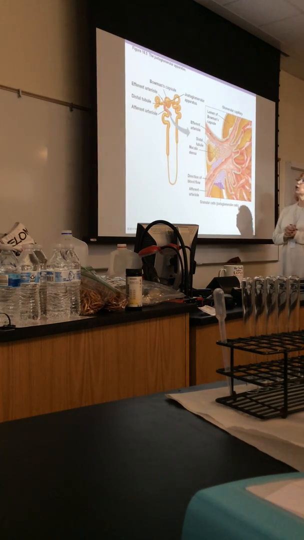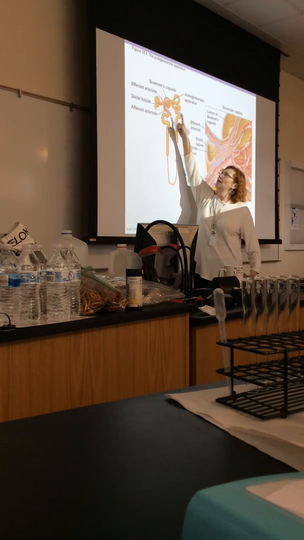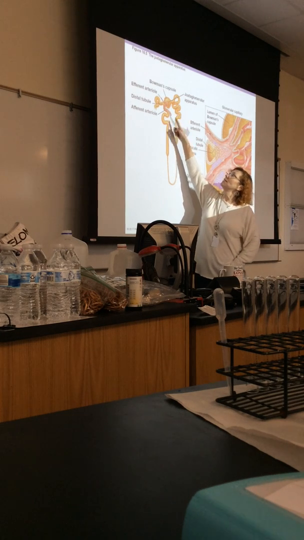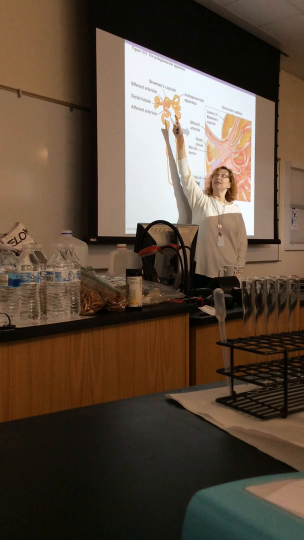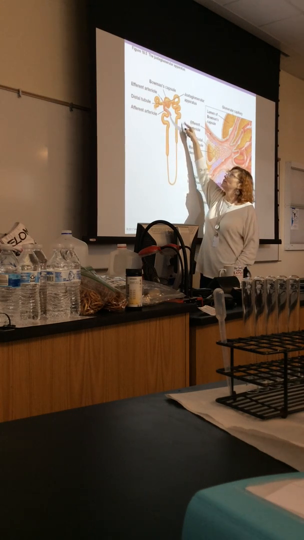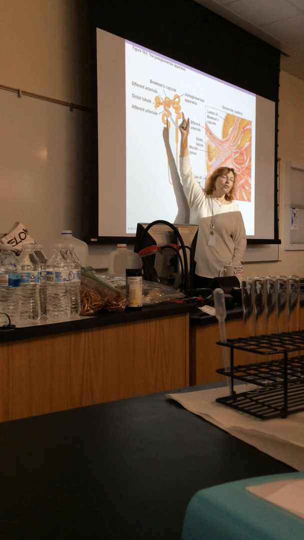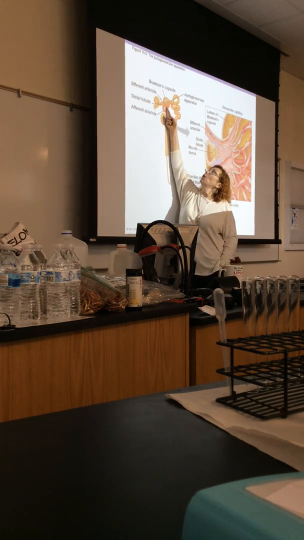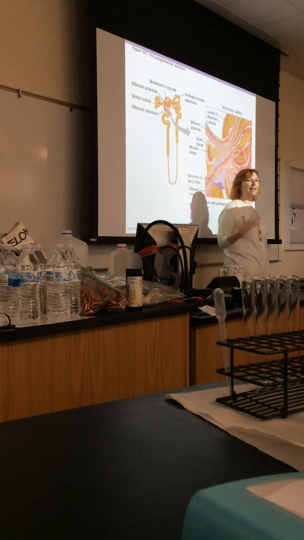Okay. So we're going to blow up a piece of Bowman's capsule. What I want you to see is, from my kidney piece, I have my proximal convoluted tubule, I have my loop, I have my distal convoluted tubule, and that distal convoluted tubule runs right up against my Bowman's capsule.